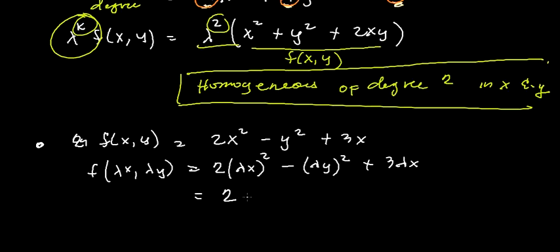So we have 2 lambda squared x squared minus lambda squared y squared plus 3 lambda x.